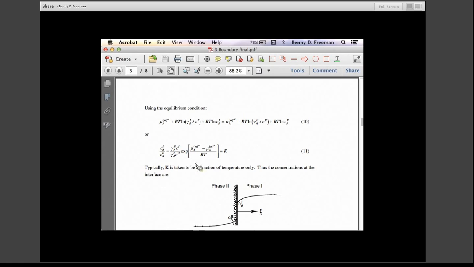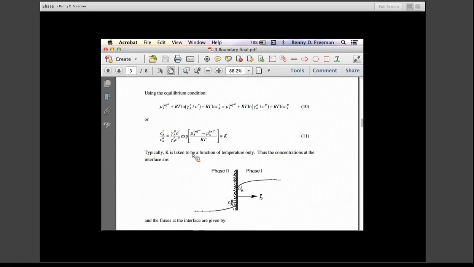This term on the right-hand side, we typically write as a partition coefficient. This is basically the ratio of the concentration of A in one phase to the concentration of A in another phase, right at the phase interface, and we often call that a partition coefficient. In the polymer world, we would call it a solubility coefficient.